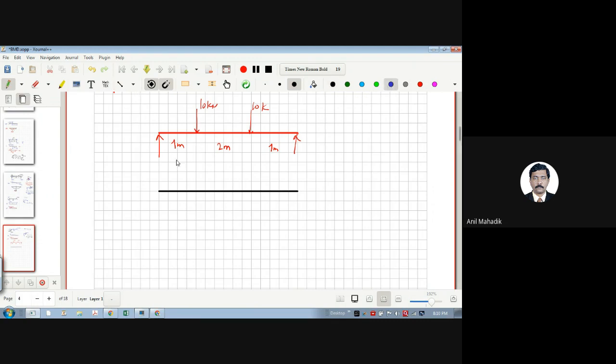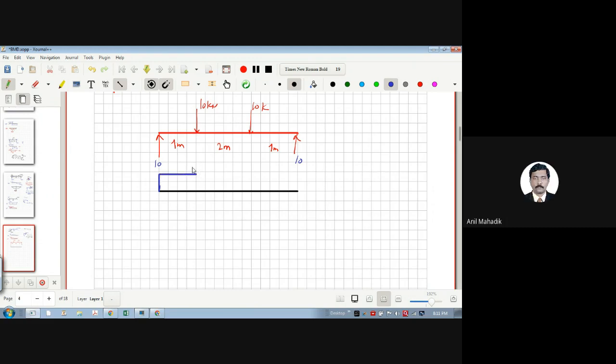Let's say, how much will the reaction be? 10. This will be 10, this will be 10. As it is upward, the shear force will go upward 10. It stays 10 up to here because there is no load, so it will be constant.